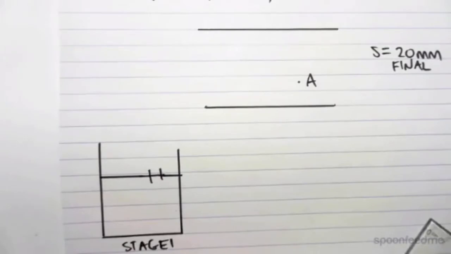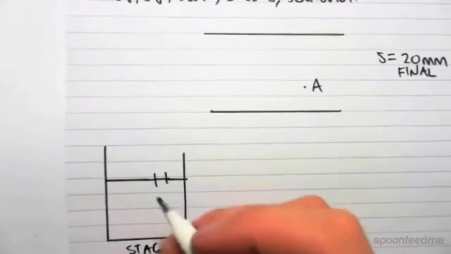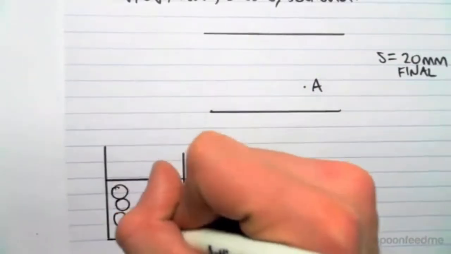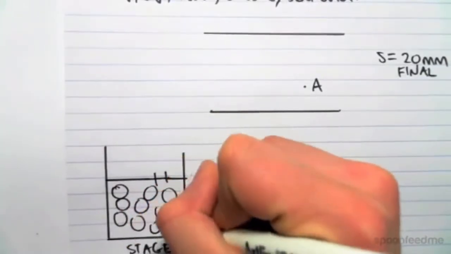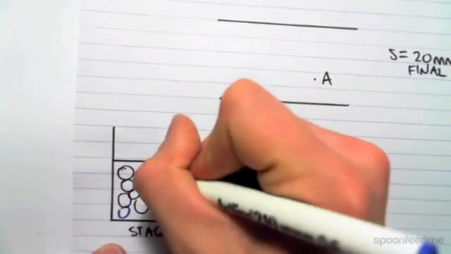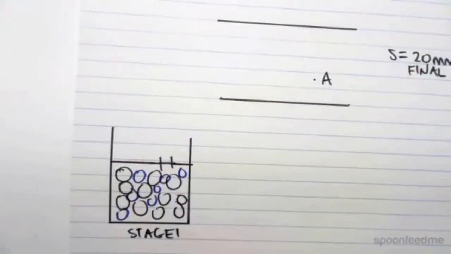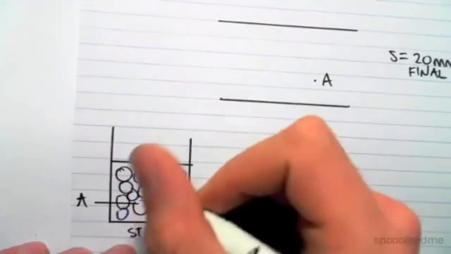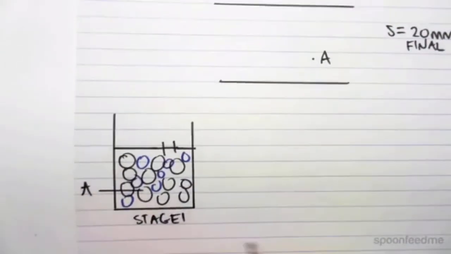So it's closed now. So this is, say, stage 1. Now at stage 1, we have solid particles, and we have water particles and air particles inside our sample of soil. Let's look at a point A. So A is any arbitrary point inside the system.